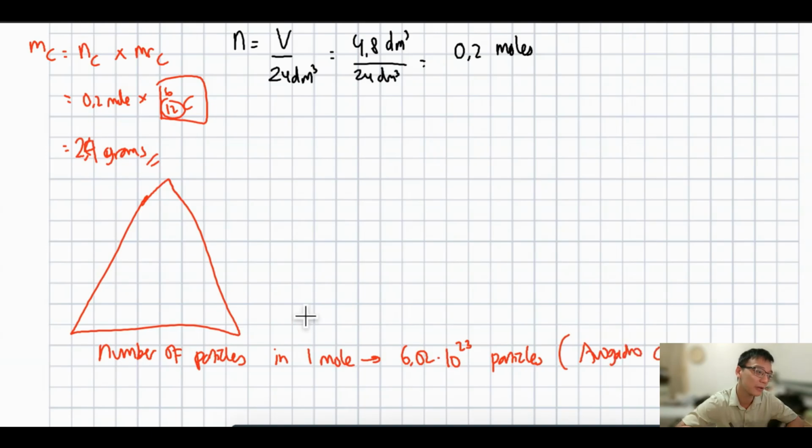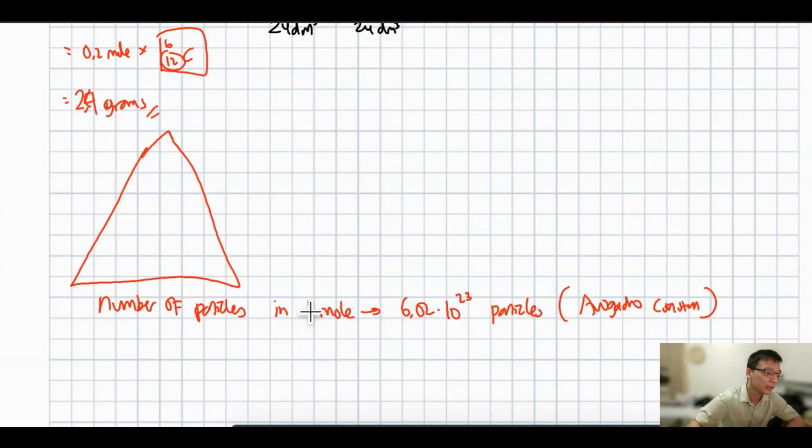This large figure we call the Avogadro number or Avogadro constant. Typically, we have the symbol for it, which is L, and the number of particles is N. So the formula would be: number of particles equals the mole multiplied by the Avogadro constant.